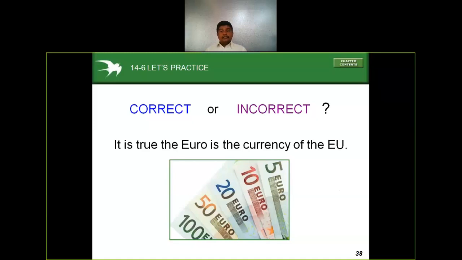Japan has the yen. Everyone has their own currency system, but the dollar has the highest value in the world. The rest of the currencies are measured against the dollar. It is true that the euro is the currency of the EU. EU here means European countries. Correct.